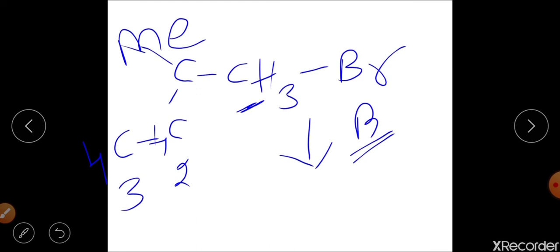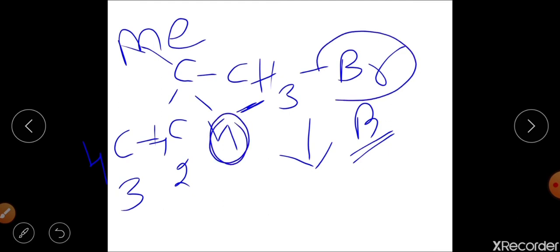This is the hydrogen which is attached here. So this hydrogen can be eliminated and this bromine can be eliminated from this one.